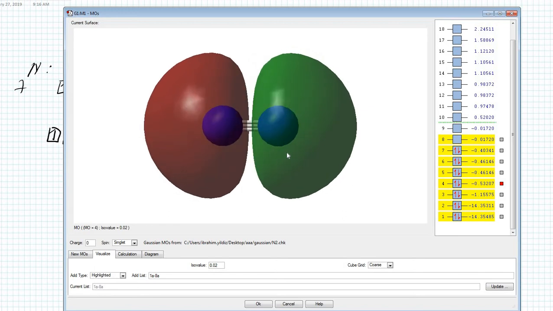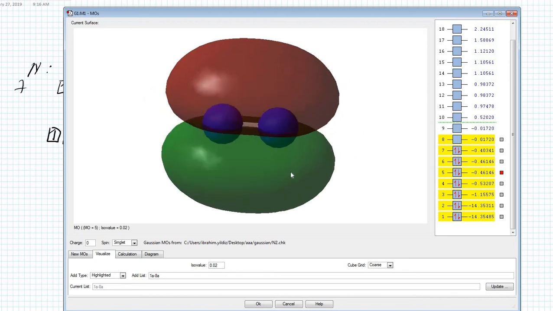As you can see, we have different colors for orbital overlaps. This is the negative region of the wave function, and this is the positive region of the wave function for the s orbitals, and we clearly have a node in between two nuclei. So definitely this is a sigma anti-bonding molecular orbital.